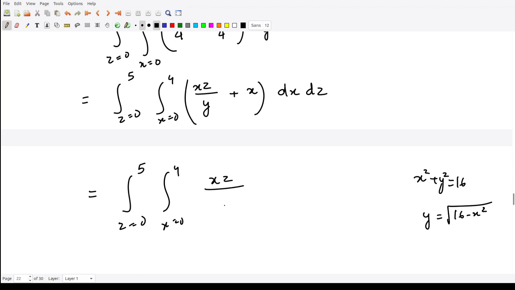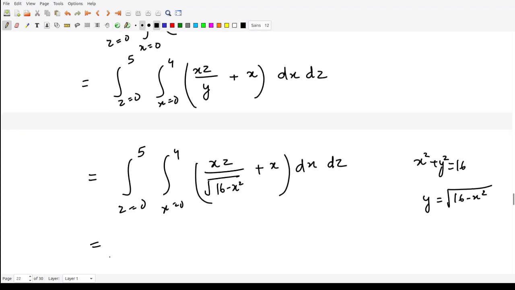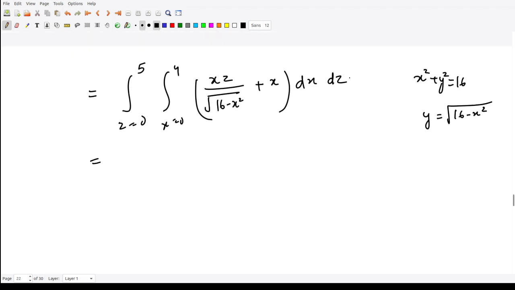So this would become xz divided by square root of 16 minus x square plus x, right, dx and dz. So now we have to perform the integration with respect to x. So its integration, how can you solve that? You can substitute 16 minus x square as another quantity, so you have x into dx.